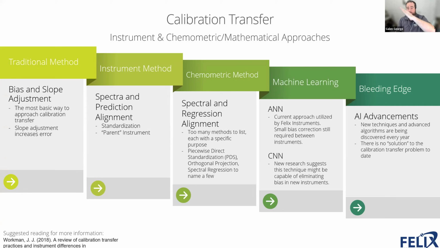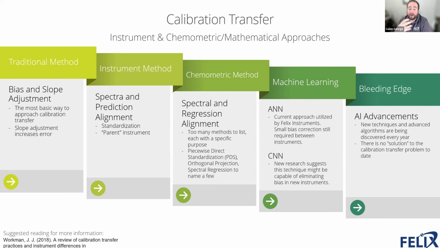If you go to adjust the slope of that regression and have it actually tilt back so that it's more lined up with a slope of 1, which is the ideal slope, then what you're going to find is that all your predictions will spread out and they'll increase in error. And this happens no matter which way you're adjusting that slope. And so that's something to be aware of, is that you're actually increasing the spread of prediction when you're adjusting the slope. And so this is the most basic form of approaching how to minimize the effects of calibration transfer.